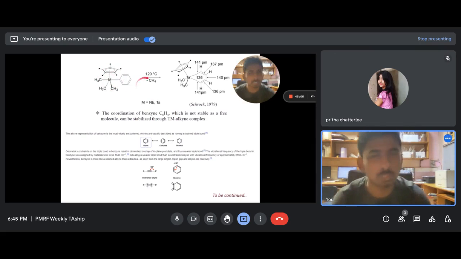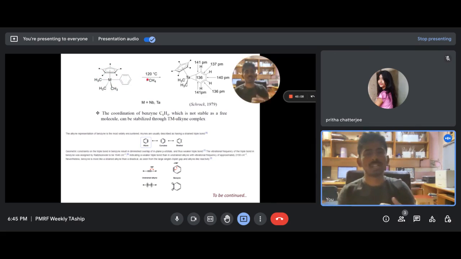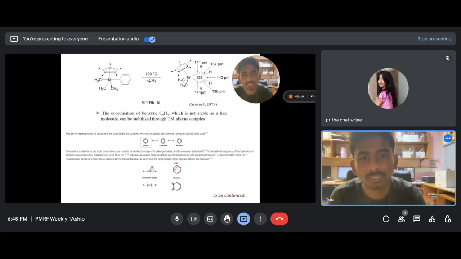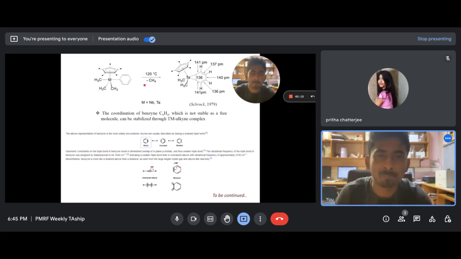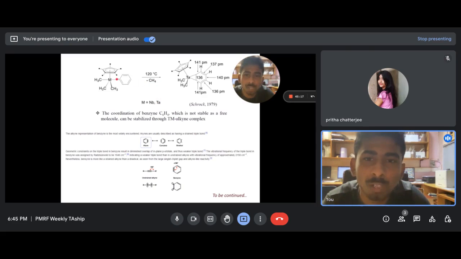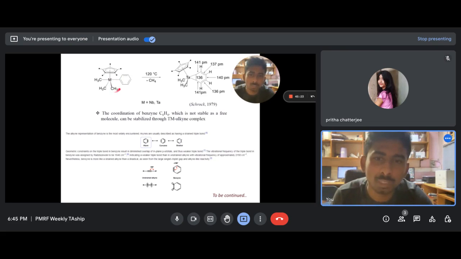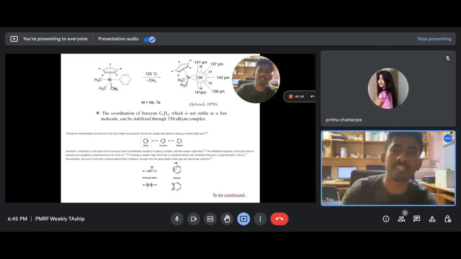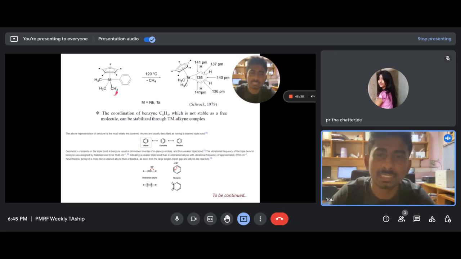Whenever this compound is heated at 120 degrees Celsius, what happens? There will be elimination of methane. One of the carbons is bound to the metal center, that is okay, but this carbon has a proton that interacts with the CH3.